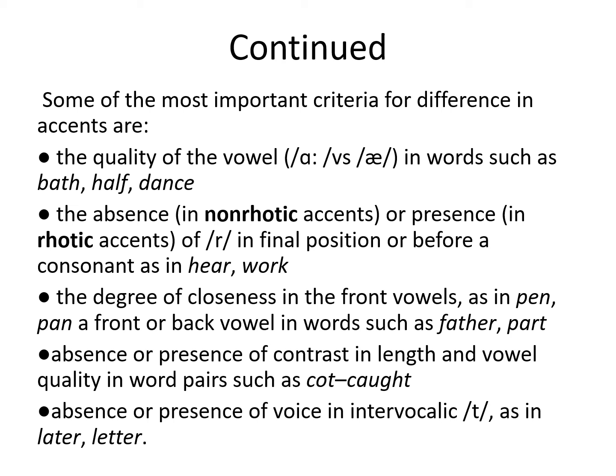Hat, cap. So this is the quality of vowel in words such as bath, hat, and dance. So bath in American, cap in American, dance in American, or bath in British, half in British, or dance in British accent.